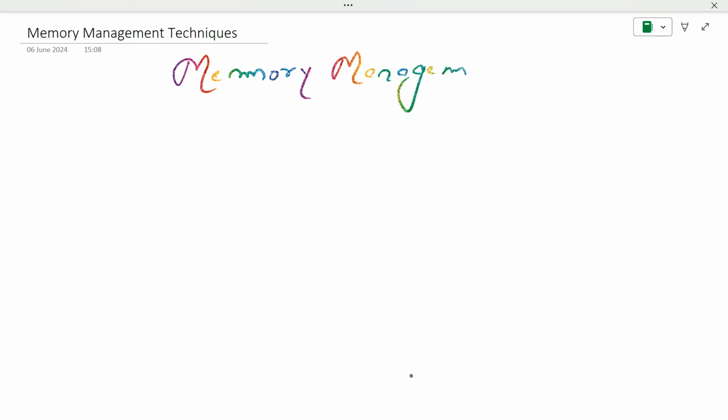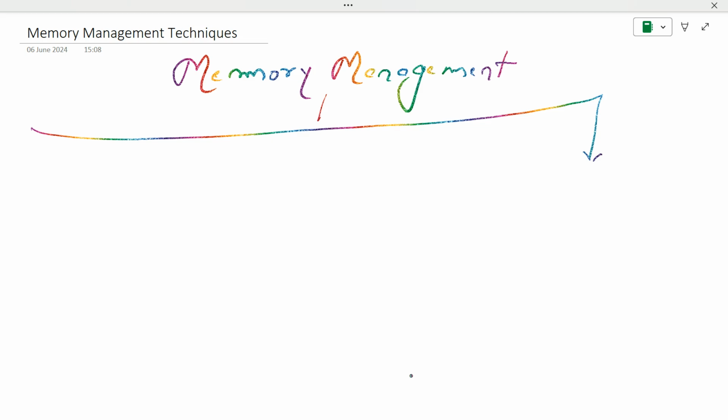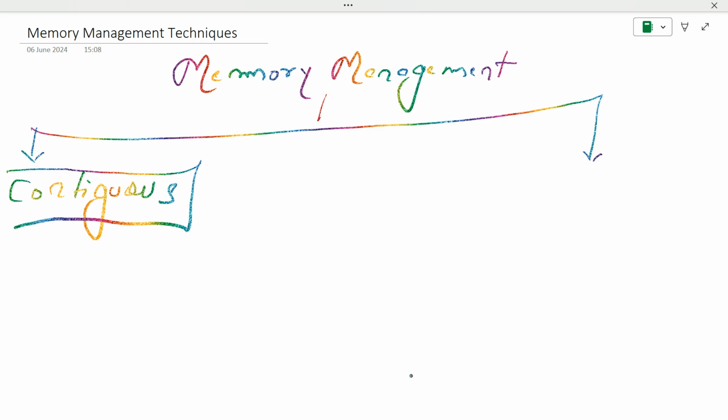There are ways in which we can divide the memory management techniques. First is contiguous memory management, and the other one is non-contiguous memory management.